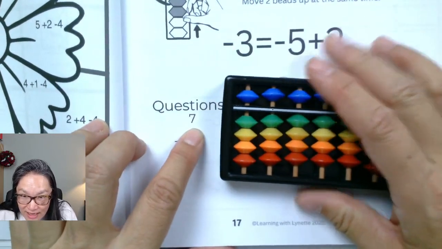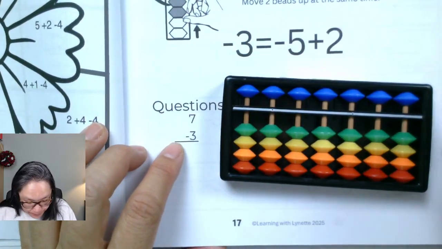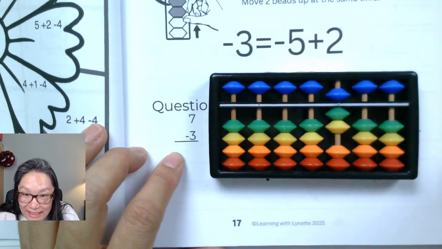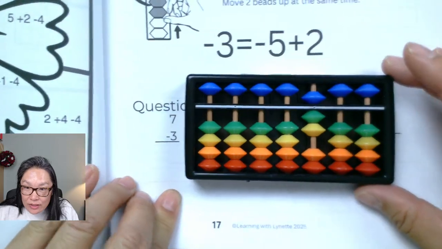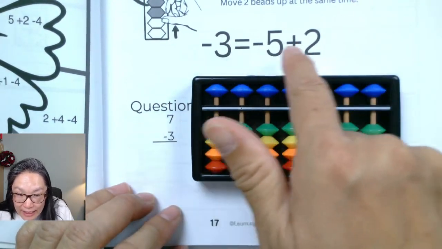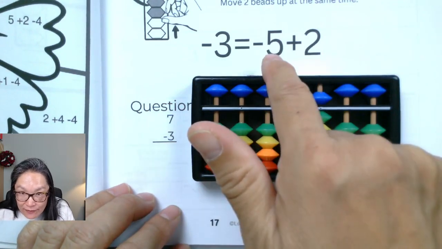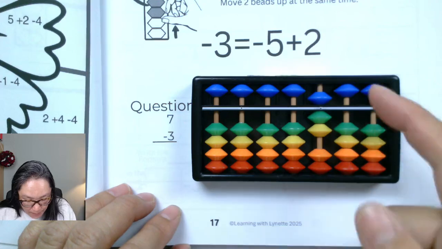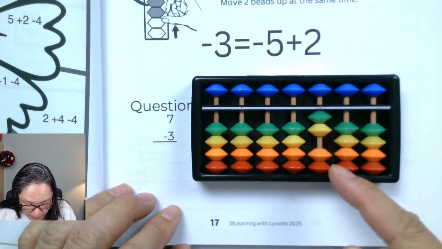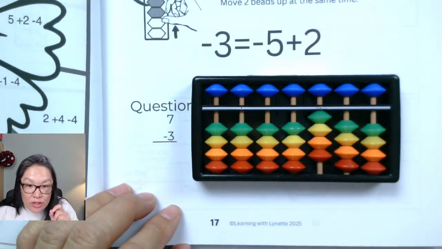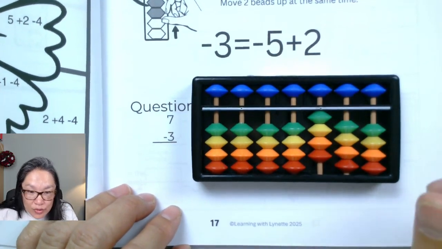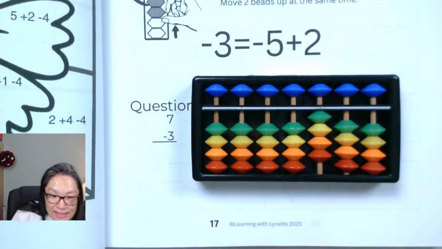We have 7 and we want to minus the 3. Look, I have my directions right here: minus the 3 is equal to minus the 5 plus the 2. These are little directions on how to use the abacus. Copper, did that make sense?